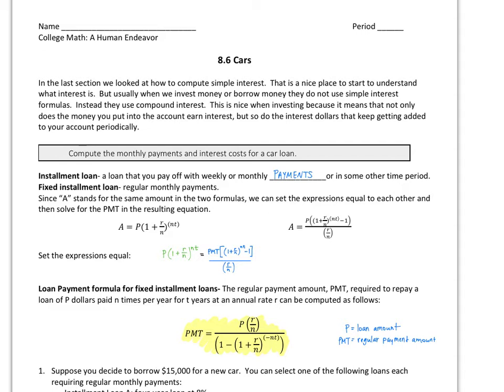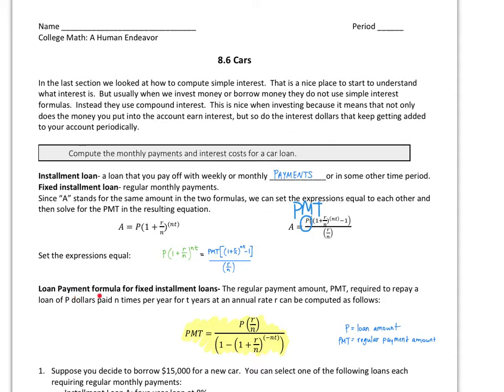If we're looking at these two equations, we can let this P for the annuity be PMT instead of just P. If we set these two equations equal, the compound interest and the annuity, and again, instead of P meaning what we're investing each month or each period, we let that be PMT, we're going to solve for what that monthly payment, that fixed installment payment, that regular monthly payment is going to be. So with some magic, we can go through and manipulate it and figure out what PMT is.